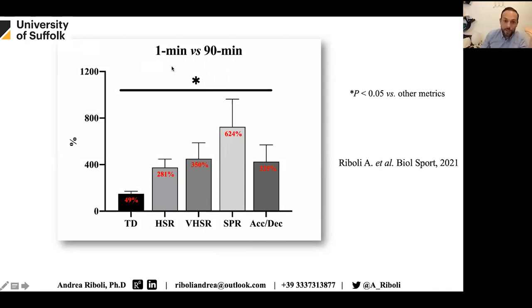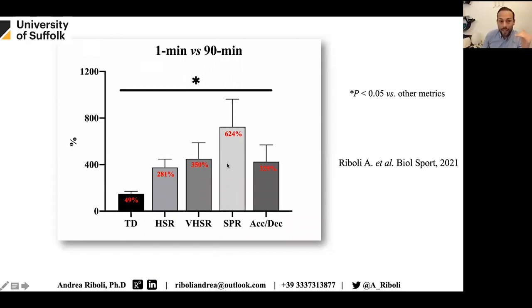So I would highlight that the external load demand during the 1-minute peak, in comparison with the 90-minute average match demands, was significantly higher for each metric: total distance, high speed running, sprint, and acceleration, deceleration, and mainly for high speed running and sprint.